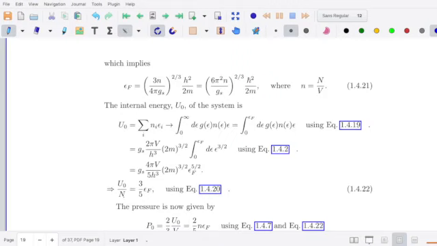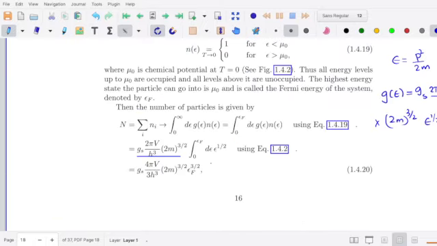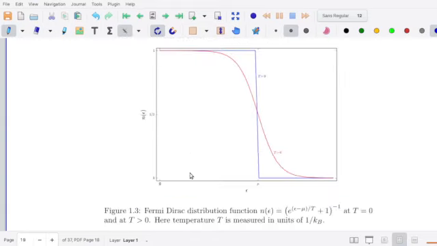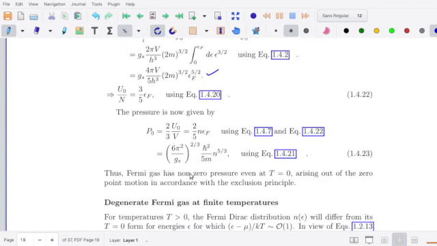So U0 by N, which is internal energy at absolute 0 divided by the number of particles, is this factor divided by this factor. Now all these factors, gs, 4 pi V by 3h cubed, (2m) to the power 3 by 2, are common in both cases, and we have epsilon f to the power 3 by 2 here, whereas we have epsilon f to the power 5 by 2 there.